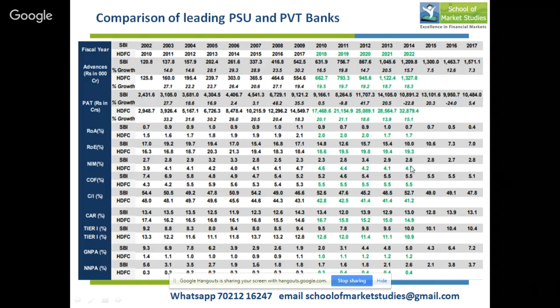And look at the NIMs. So the NIM for SBI is 2.8 and HDFC Bank is at 4.1. Cost of funds, they match each other. Cost to income ratio, HDFC Bank is far cheaper than SBI, and it has always been so. This is despite the fact that the salaries at HDFC Bank are far higher than those at SBI.